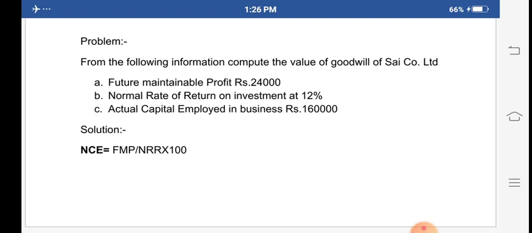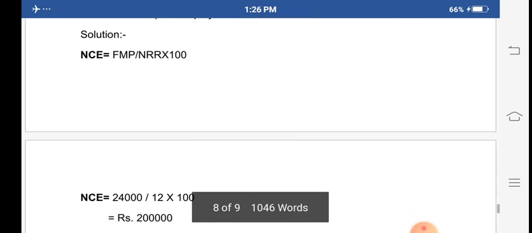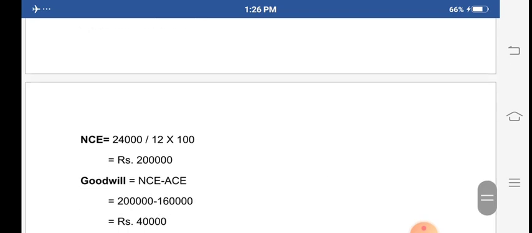Now you know the formula for goodwill under the actual capital employed approach: normal capital employed minus actual capital employed. First we should know the normal capital employed, which is the future maintainable profit divided by normal rate of return into 100. The future maintainable profit is 24,000, the normal rate is 12% into 100, you will get rupees 2 lakh.